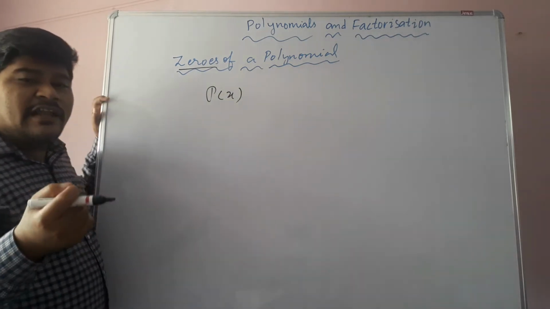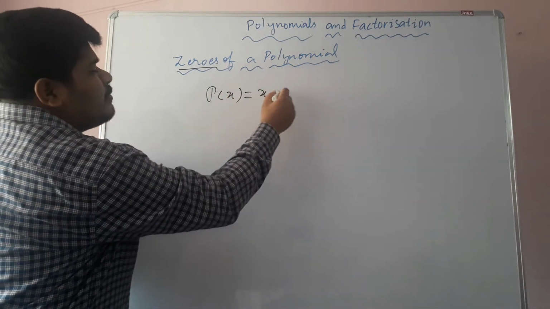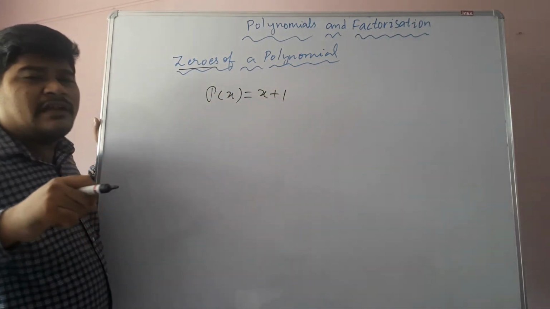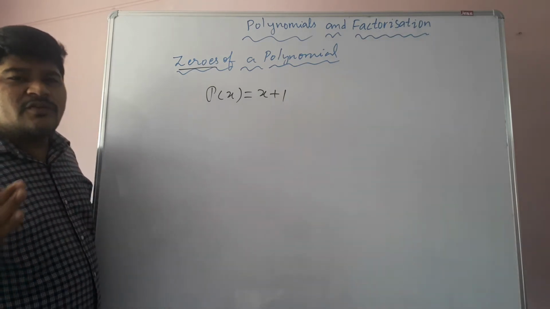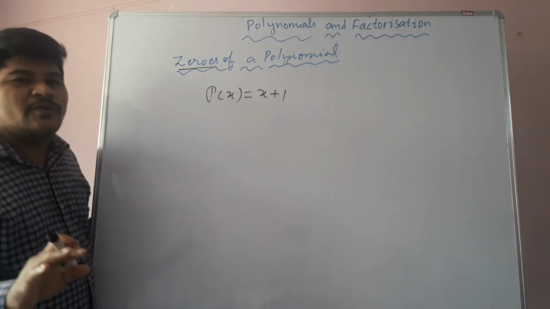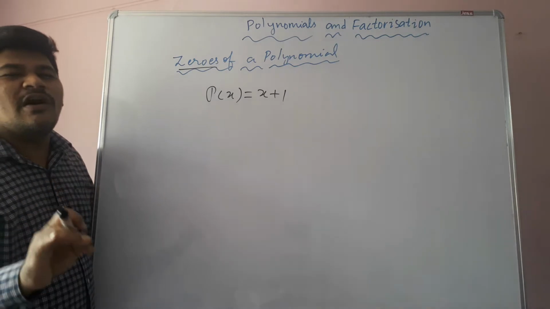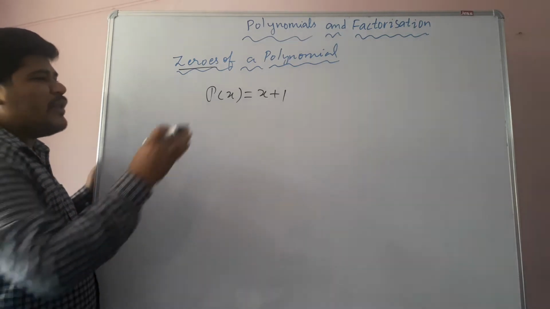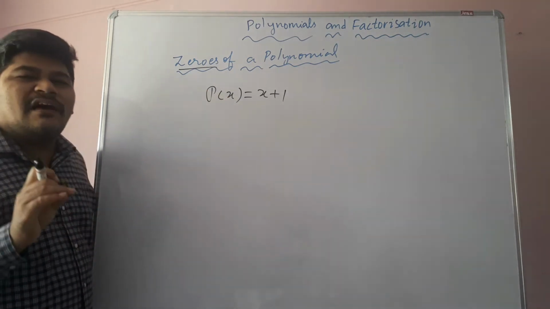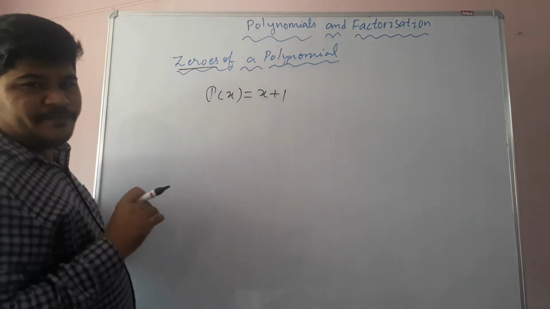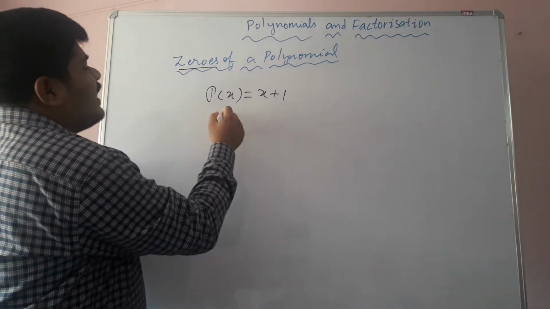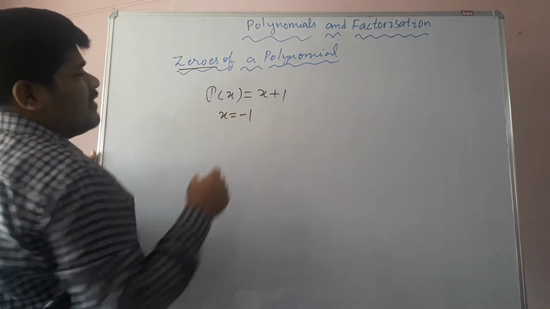The value of x which makes the polynomial equal to 0, which makes the expression 0, is called a zero of a polynomial. Suppose I am taking one polynomial p of x is equal to x plus 1. Suppose I am taking x is equal to negative 1.